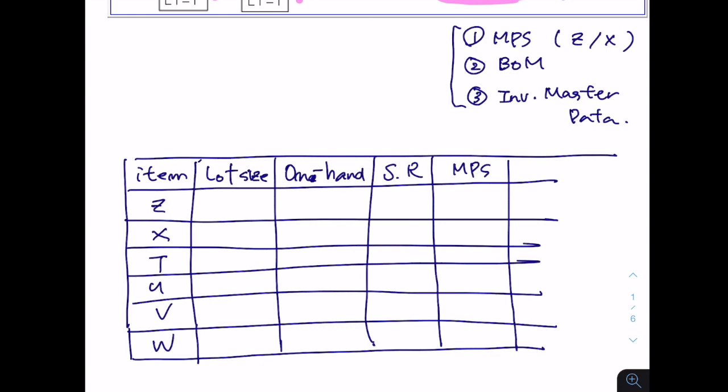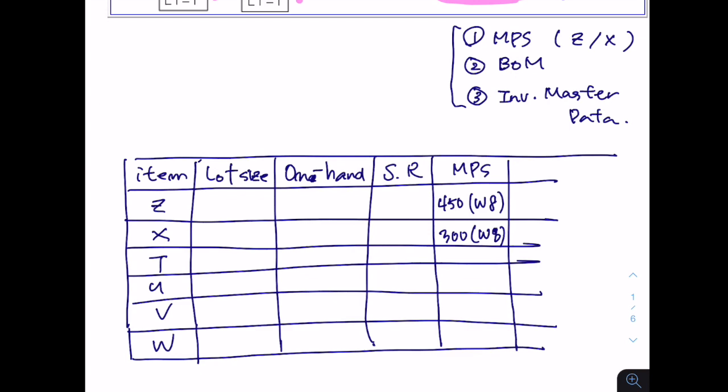This is MPS because this is the independent demand for X and Z. So for X, we have 300 units for week 8, so period 8. And for Z, we have 450 units, same week 8, so we have the MPS information.